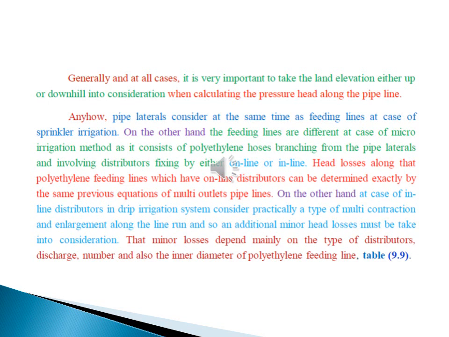Head losses along feeding lines which have online distributors can be determined by the same previous equations of a multi-outlet pipeline, while in the case of inline distributors in a drip irrigation system, it is practically a type of multi-contraction and enlargement along the line run. Hence, additional minor head losses must be taken into consideration, which mainly depend on the type of distributor, discharge, number, and also the inner diameter of the polyethylene feeding line, as shown in the enclosed table.